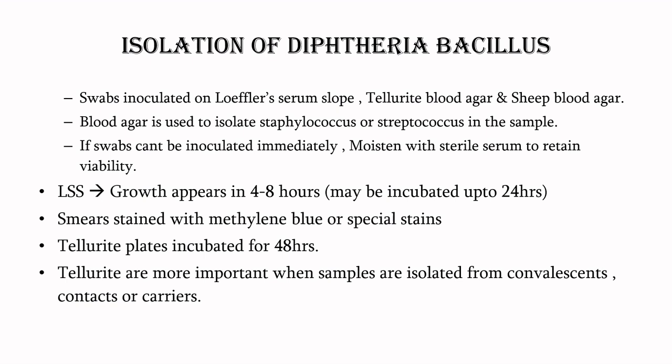When you inoculate on Loeffler's serum slope, the growth will appear within around 8 hours. You can do a staining with methylene blue or any special stains, and you can use tellurite plates. If inoculated, you have to wait for at least 48 hours to see a good amount of growth. And generally, as I said earlier, the samples are inoculated in tellurite, which is from convalescents or contacts or carriers.